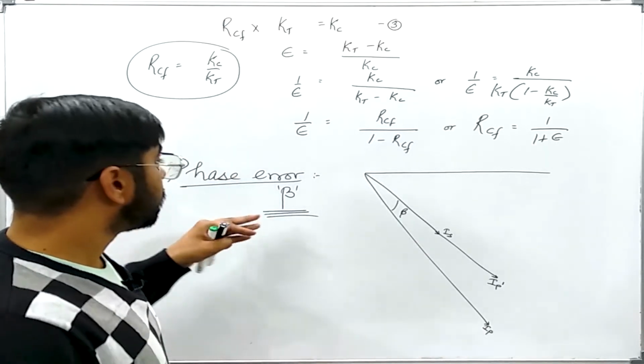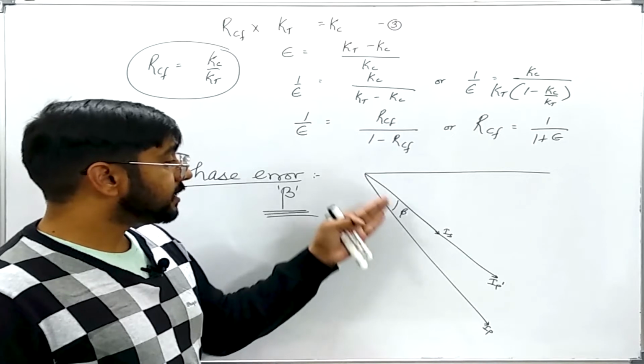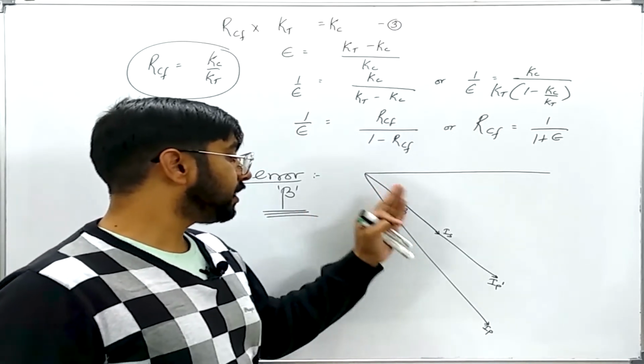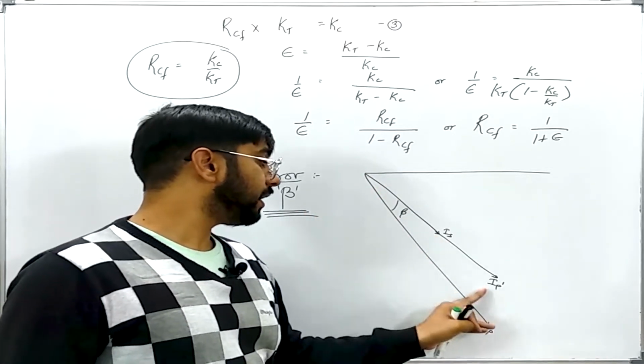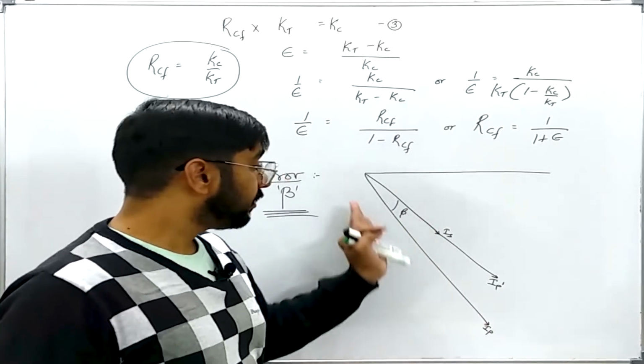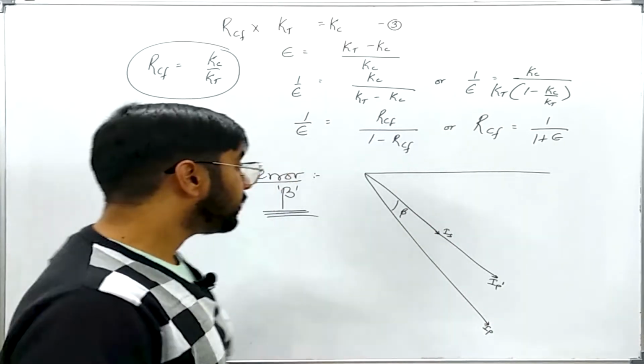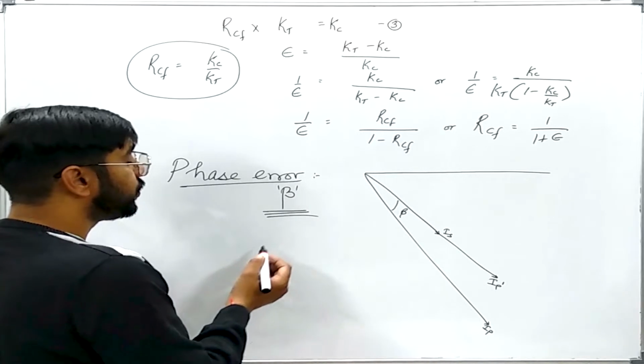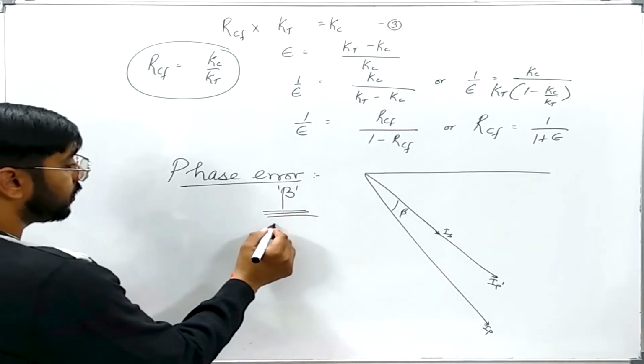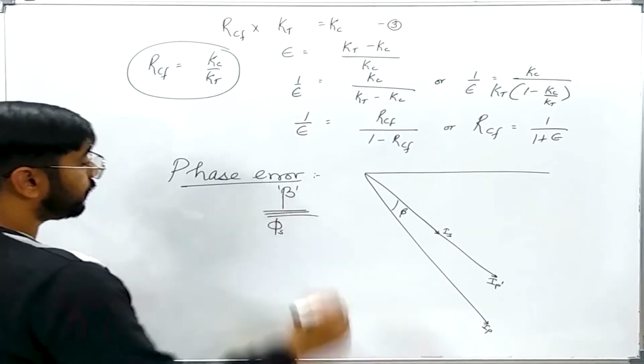Okay, so we can call it the angle by which the secondary current, or the ideal current, should be leading the actual current, and it is positive usually for phi s being inductive.